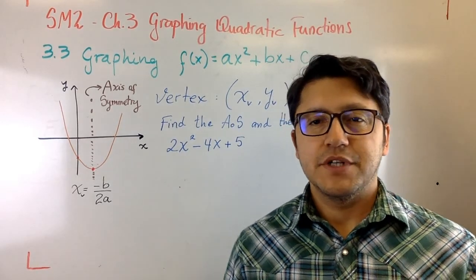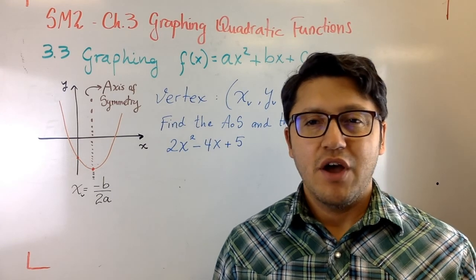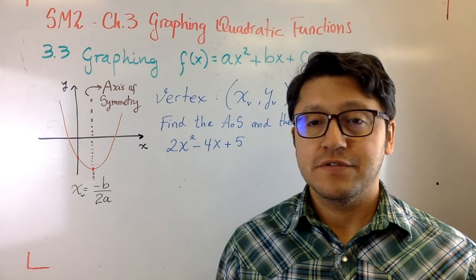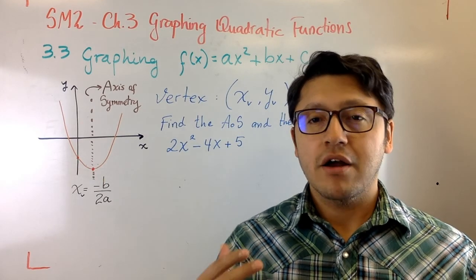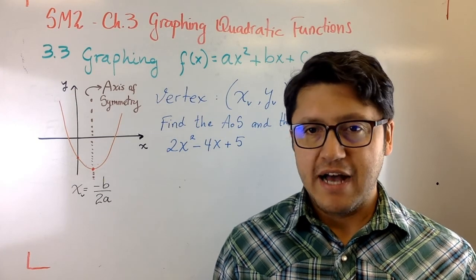Okay, guys, during class, we didn't get to go into the details of analyzing certain aspects of some parabolas that are a little bit more complex than the ones that we graphed during class.